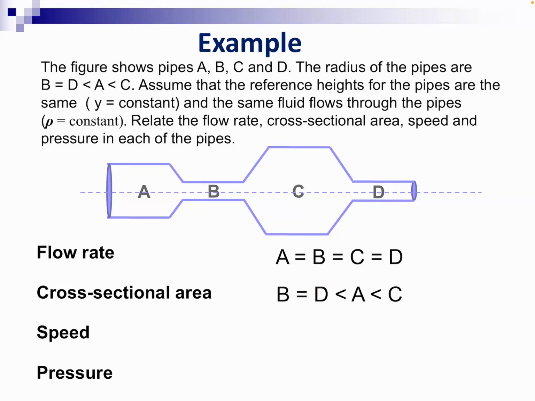Now, the speed: this will be the continuity equation, right? Through which area will you have the lowest speed? C, right? And the highest speed will be B and D. In terms of pressure, which area will have the lowest pressure? I'm sorry, high speed is where you have low pressure.